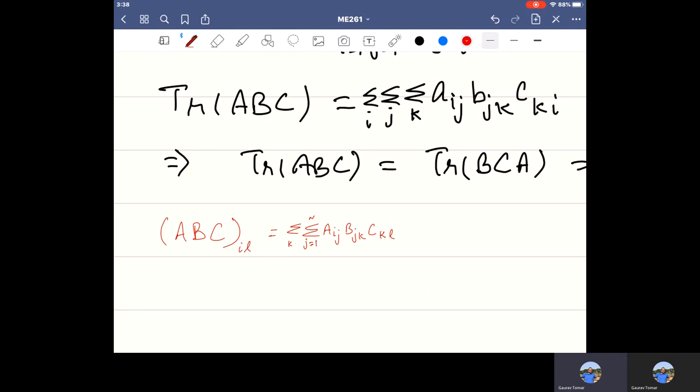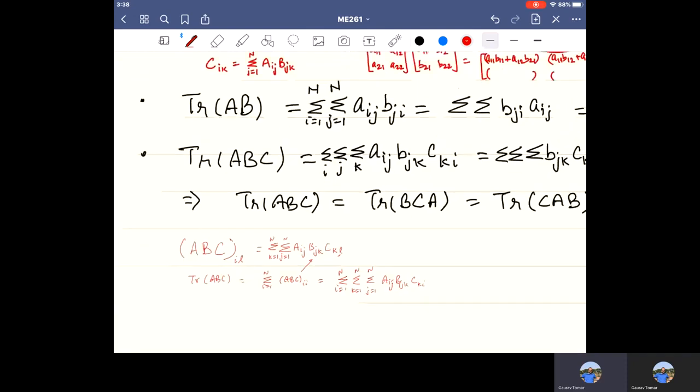Then the trace of ABC is essentially the summation of ABC over i running from 1 to n. Now we replace this l with i and put it in the summation. So it will be i equal to 1 to n, summation k equal to 1 to n, and summation j equal to 1 to n of Aij Bjk Cki. That's the product.